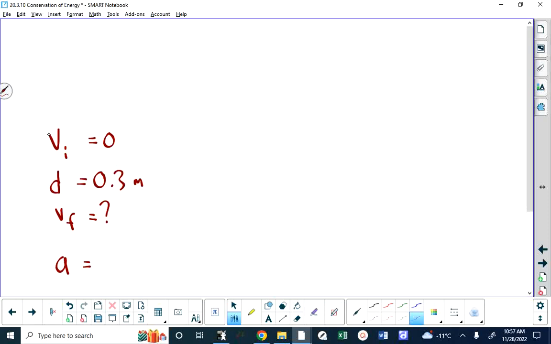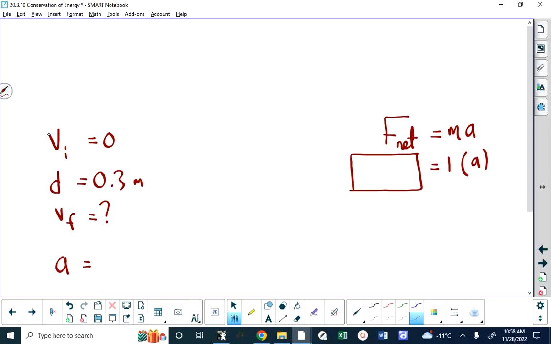So how do we find the acceleration? Well, F net equals ma. So I can put in the 1 kilogram and the a. The question is, what do I put in for the force? It's not 18 newtons. Do you know? 18 minus the force of gravity. Right, 18 minus the force of gravity.